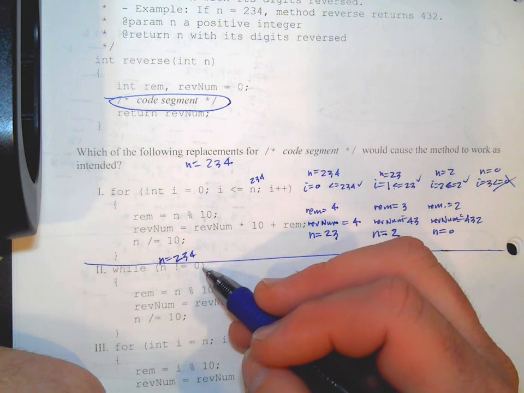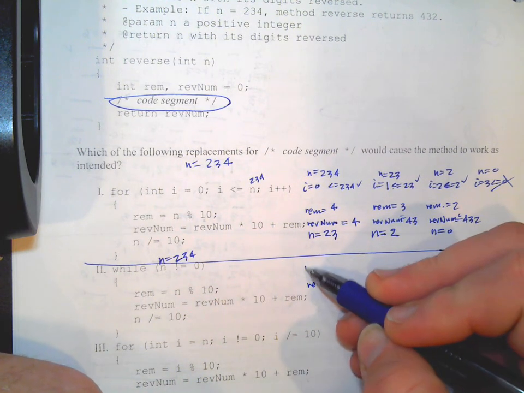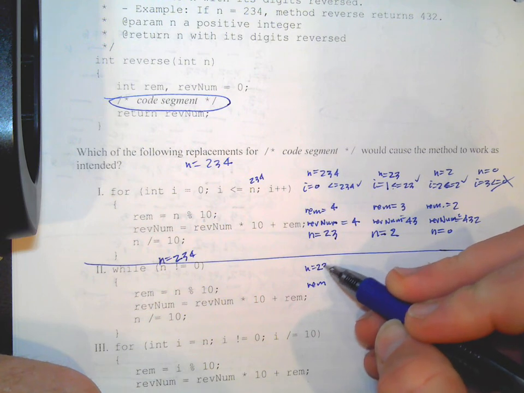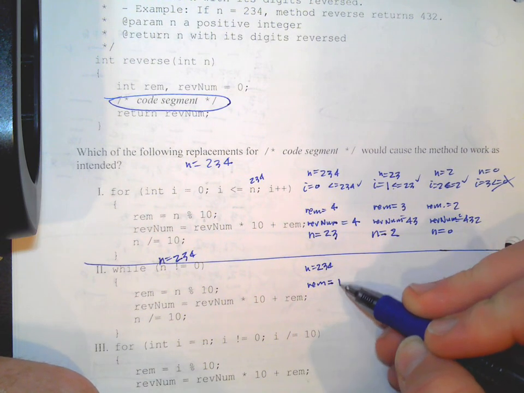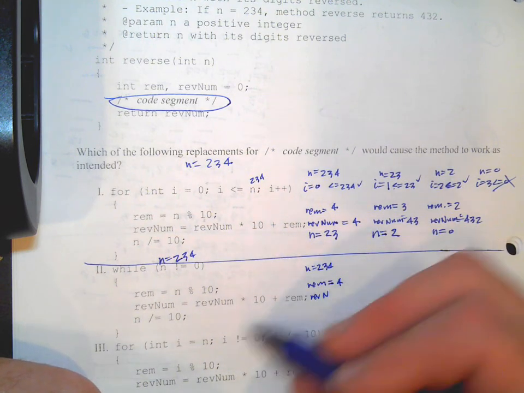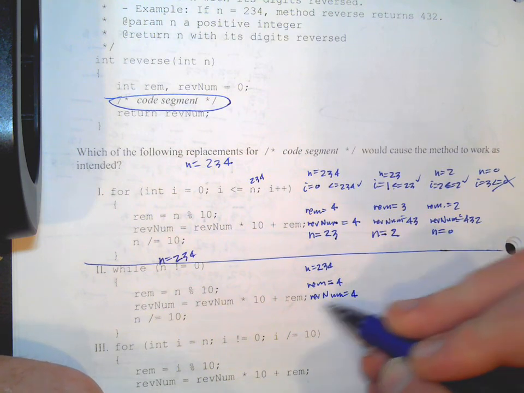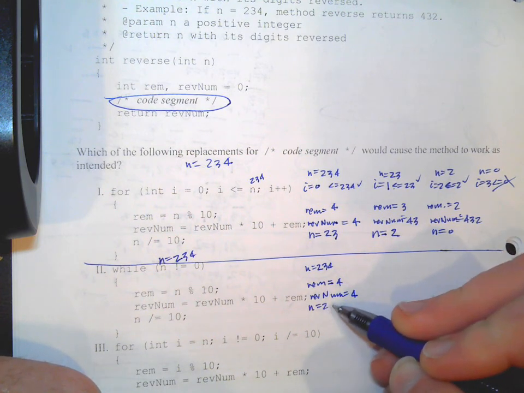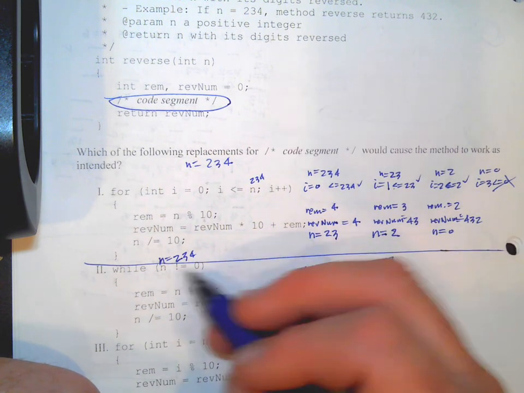So n doesn't equal 0, that's true. Then remainder is going to be itself modulus 10, which is 4, and then rev num. I mean, this looks exactly like this other one, right? So rev num equals 4, and n equals 23, which is not equal to 0.